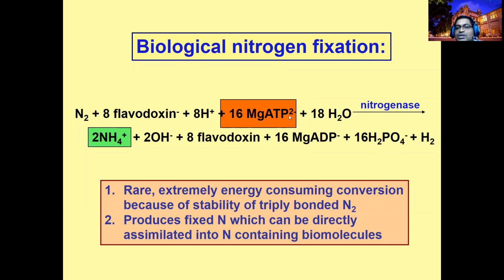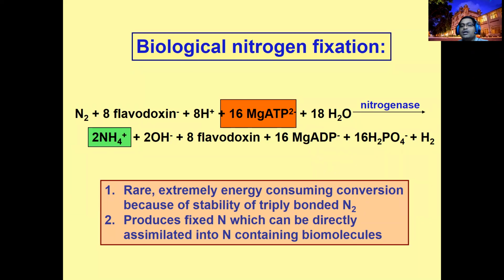ATP is also used. So with N2, ATP and water, and the nitrogenase enzyme and flavodoxin present, they are able to produce 2 molecules of ammonia, right?